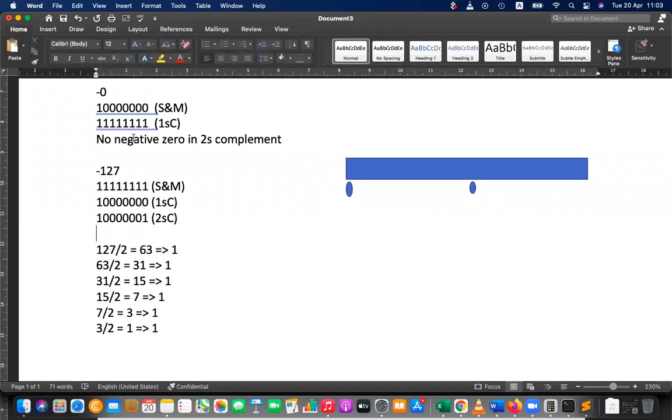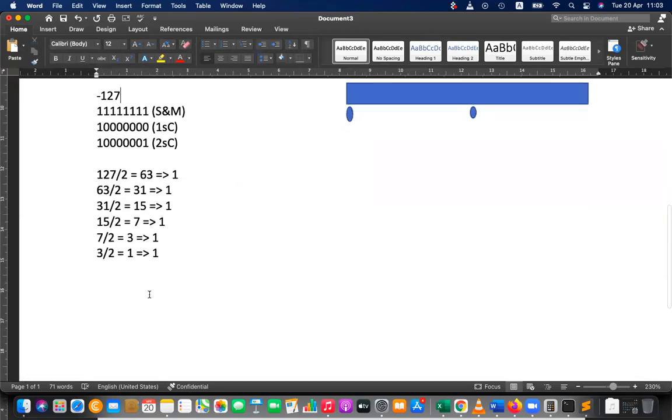You cannot represent minus 128 in the other two number systems using 8-bit registers. Why? Because 128 in an 8-bit register is 1, 2, 3, 4, 5, 6, 7, 8, and minus 128 is this.